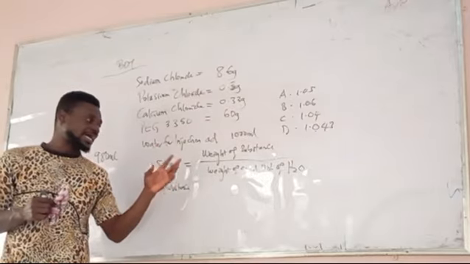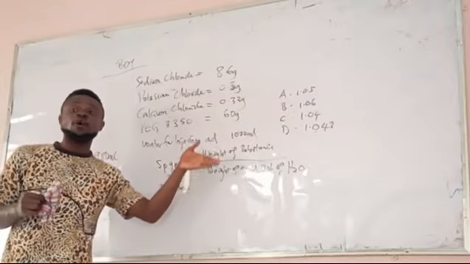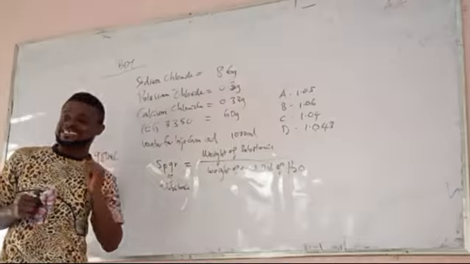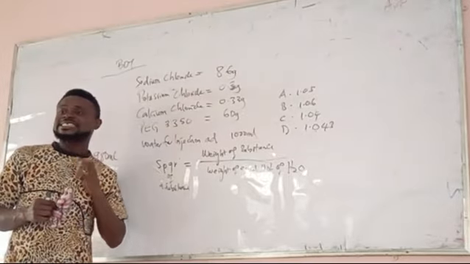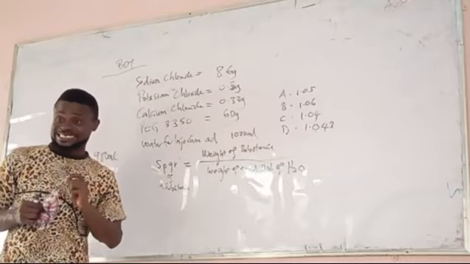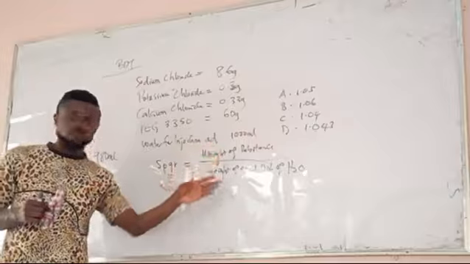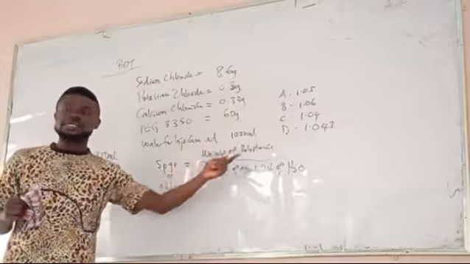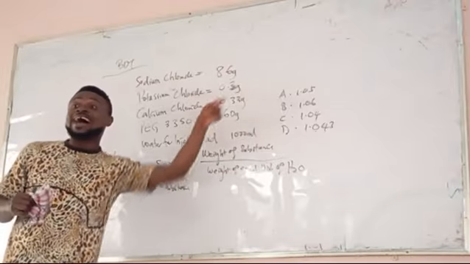You see something like weight of substance with the weight of equal volume of water. But if the substance is a gas, the standard we use is hydrogen. You hear something like weight of substance with a weight of equal volume of hydrogen.